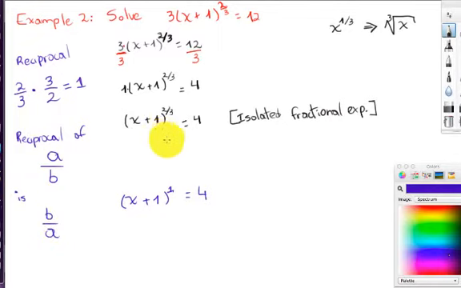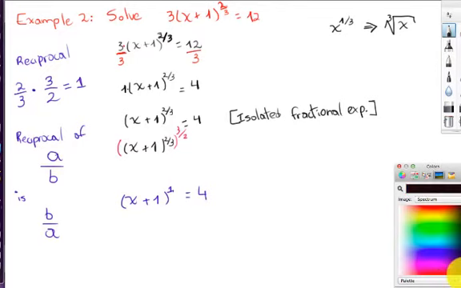So if I want to turn this 2 over 3 into a 1, I need to multiply it by a 3 over 2, like I showed you over here. So I'm going to have x plus 1 to the 2 over 3, but I'm going to raise it to the 3 over 2.